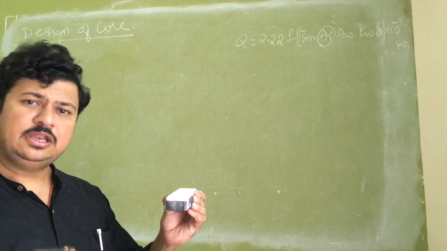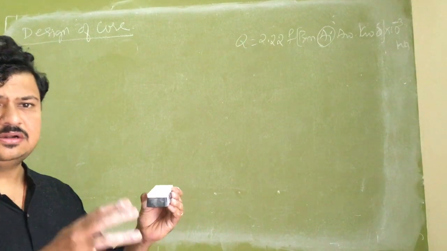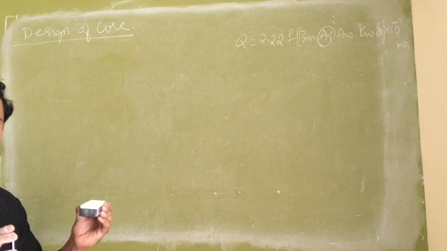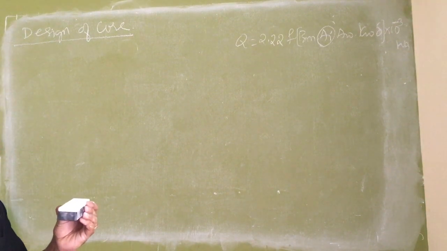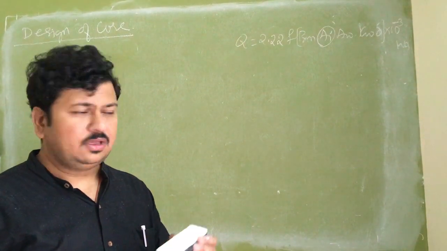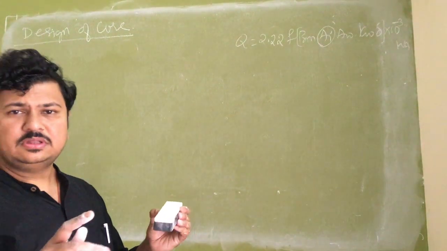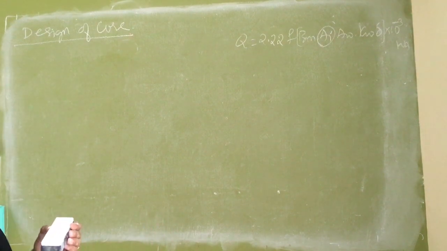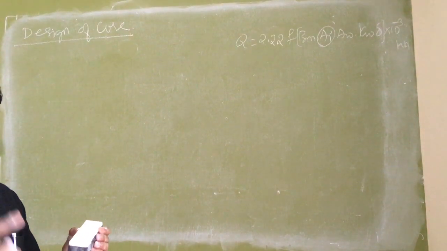Whichever section I use, whether circular, square, rectangular or stepped, what is the reason for which I use it?